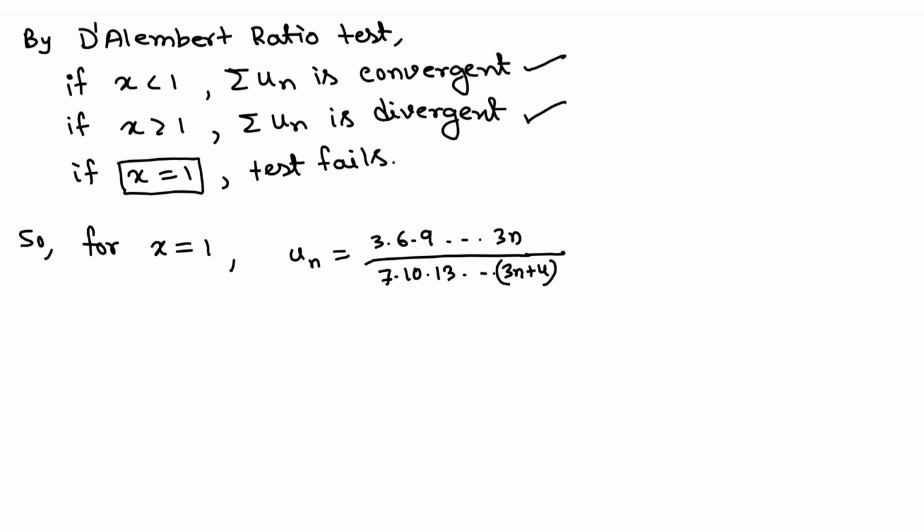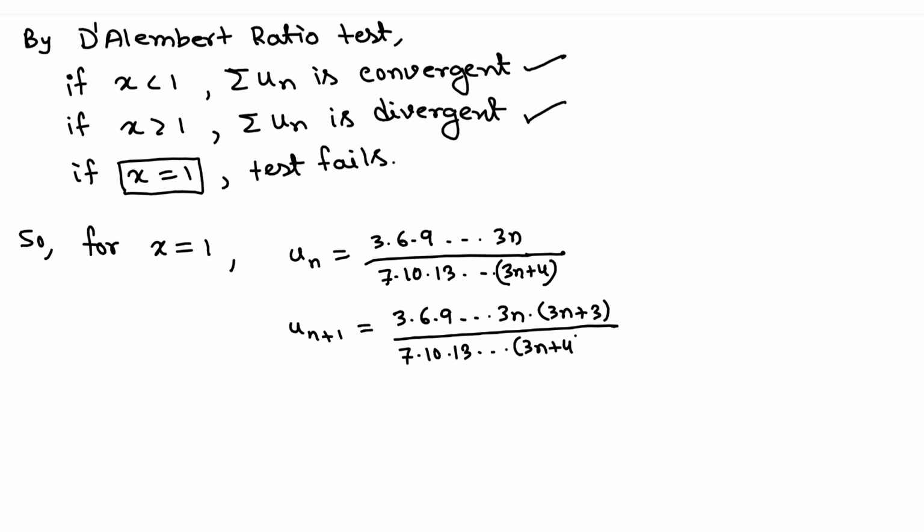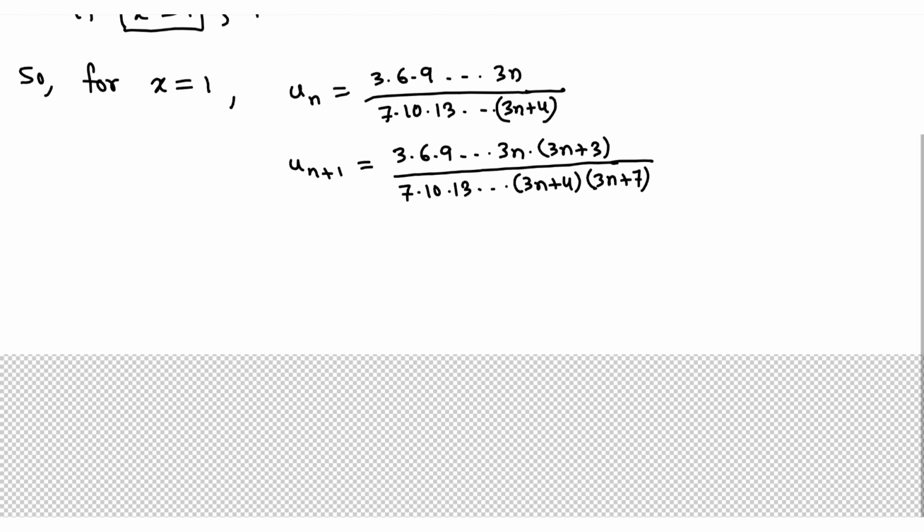So 1 to the power n will be 1. And similarly un plus 1 equals 3 into 6 into 9 up to 3n into 3n plus 3 divided by 7 into 10 into 13 up to 3n plus 4 into 3n plus 7. Clear? Now you have to use Rabb's test.